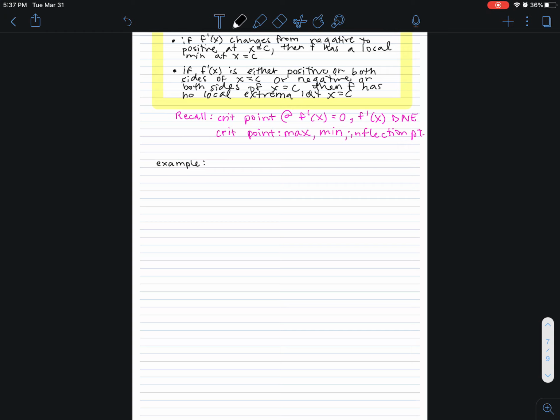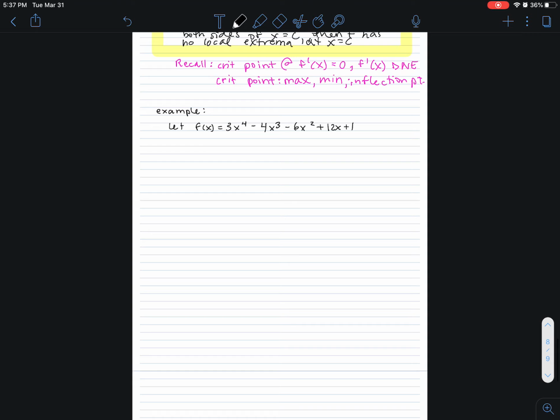That's fine. Okay. So we're going to let f of x equal 3x to the fourth minus 4x to the third minus 6x squared, and we're going to add 12x and 1. It's fine.